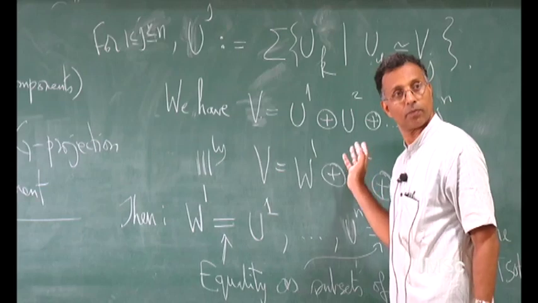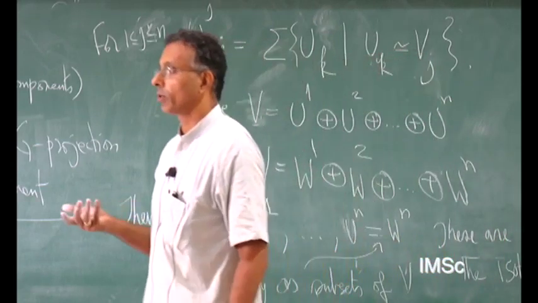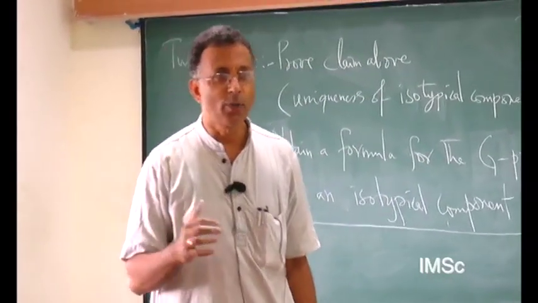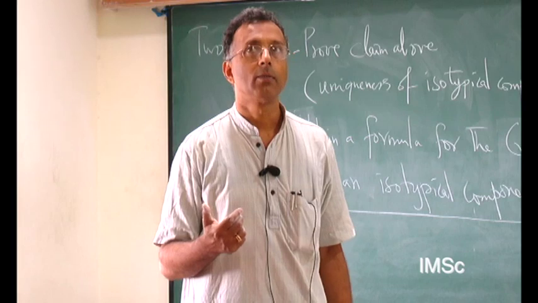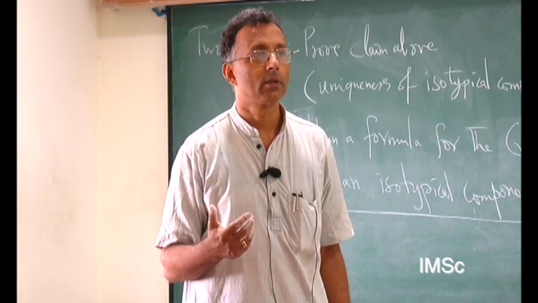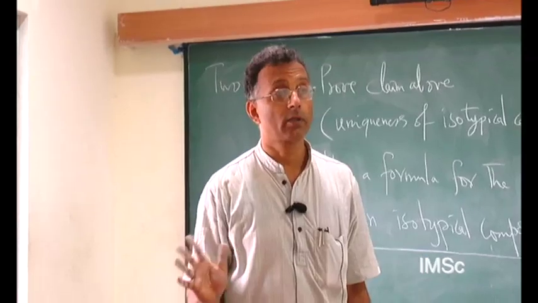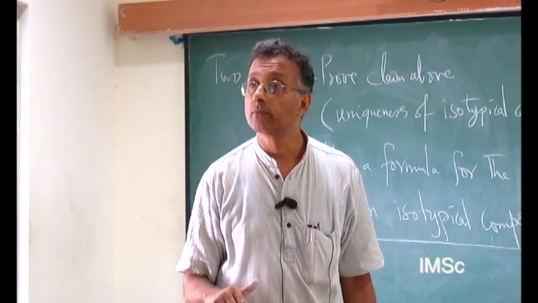Because you have taken all those... it sounds believable, but is it a proof? Because U1 and U2 may not be isomorphic. No, they are definitely not isomorphic. Intersection is zero.